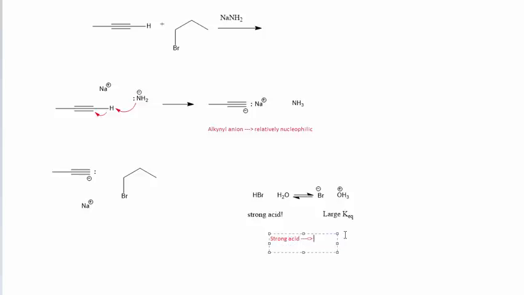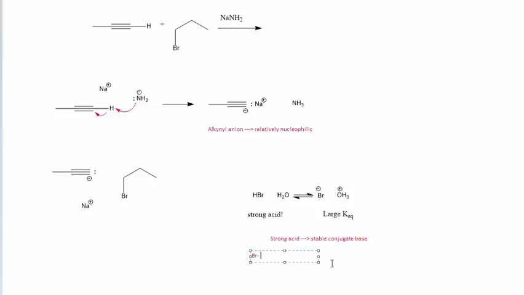So again, strong acid has a stable conjugate base, and the reason we care about that is that Br- is preferred to be generated in solution.